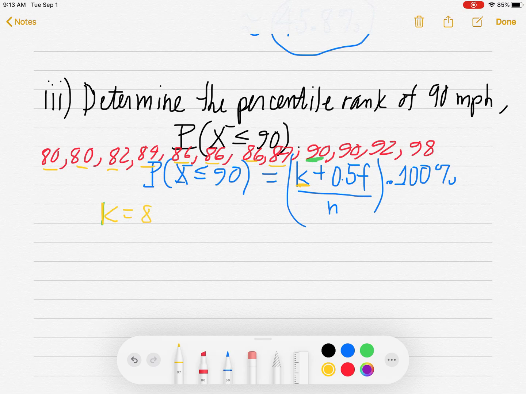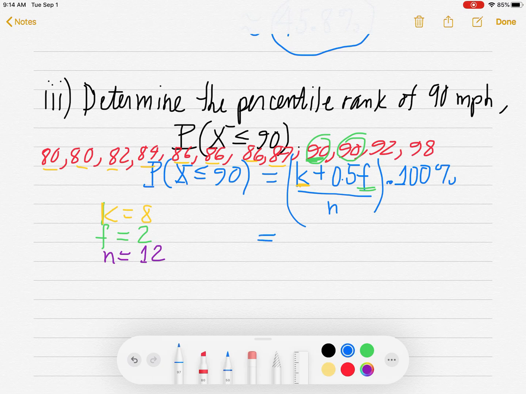So K is 8. F is the frequency. How many times does 90 show up? Twice, right? 1, 2. That's F. And N is going to be 12 again. That doesn't change. You only have 12 data values total in your data set.